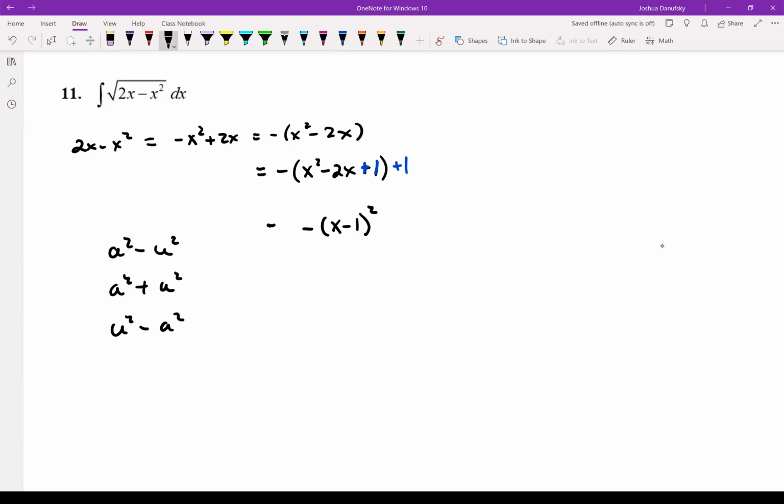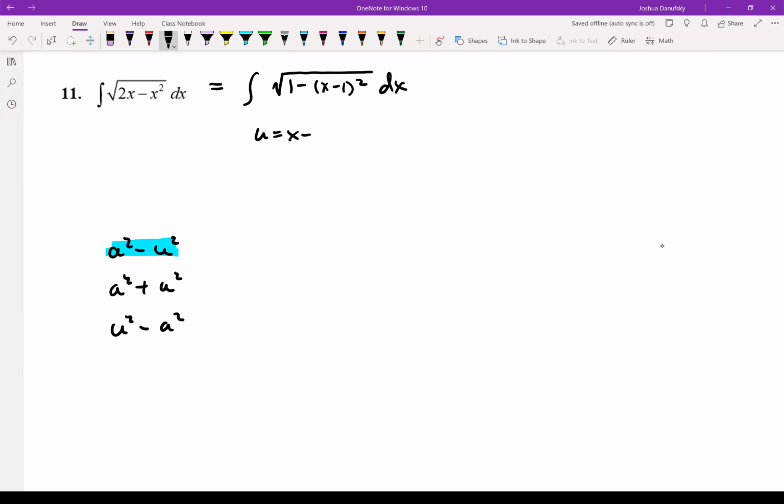So now we've got a 1 sitting in front there. And if I go ahead and put that into our square root and rewrite it this way, 1 minus the quantity x minus 1 squared dx. Now we have u equal x minus 1. So du is equal to dx.